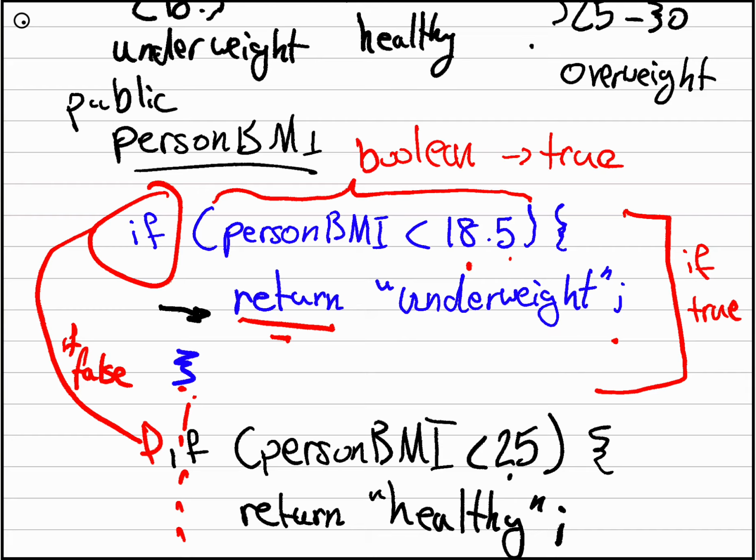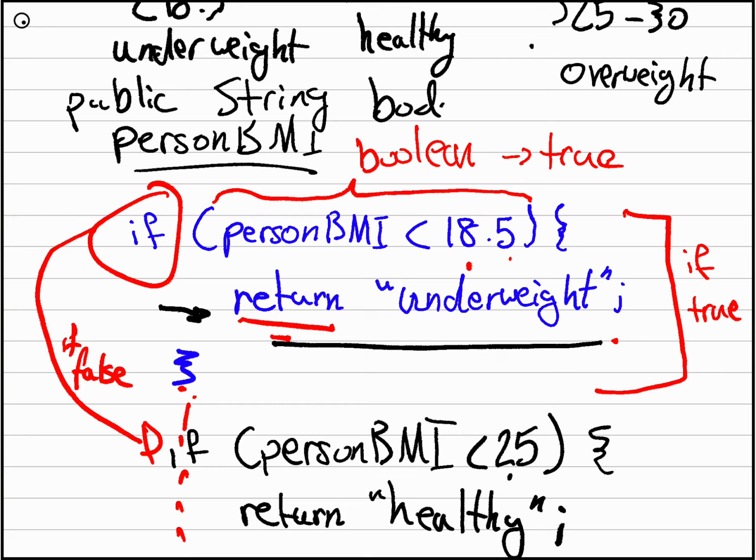Take a look at this return statement. Are we returning a boolean? No. We're returning underweight, which is of type? A string. Yes, exactly. So this method is returning a string body type, and it doesn't need to take in anything.